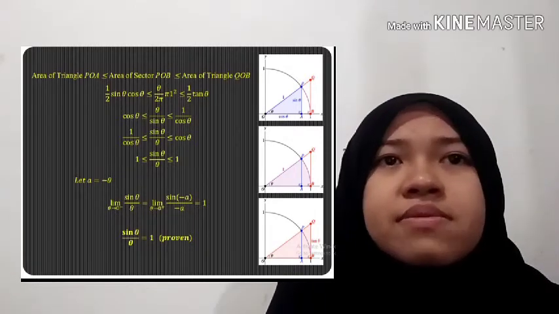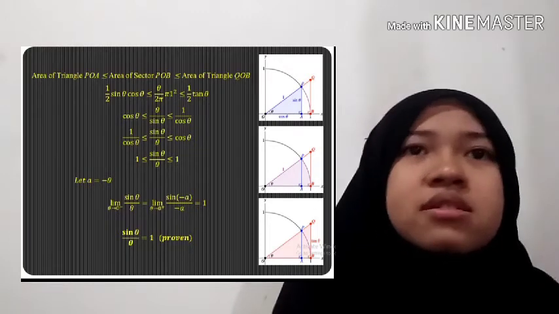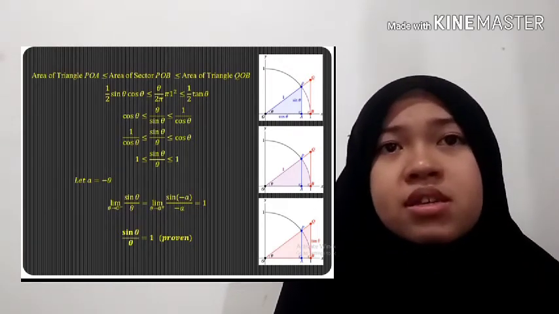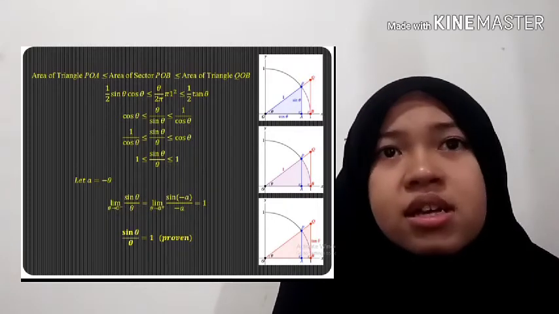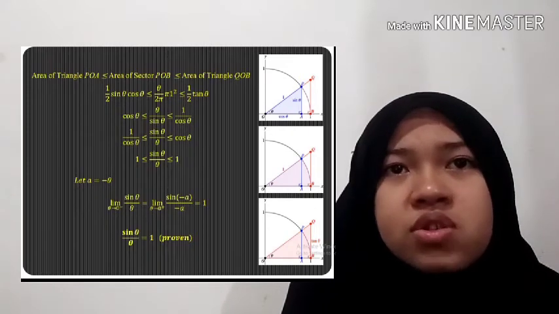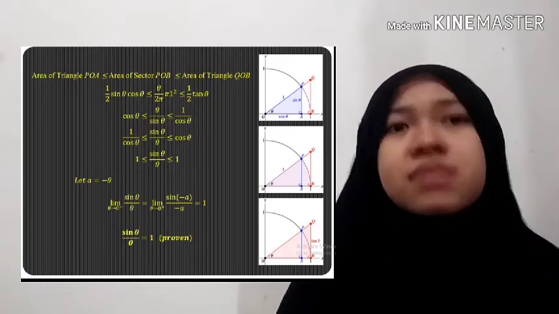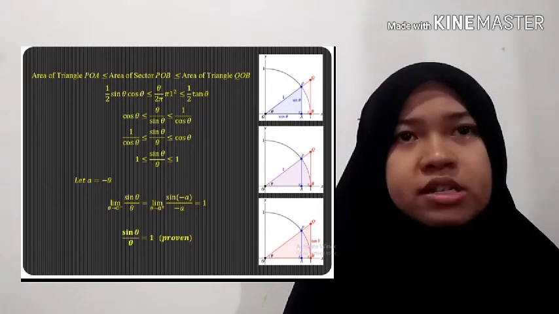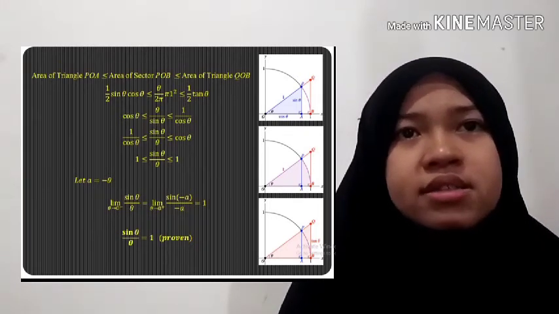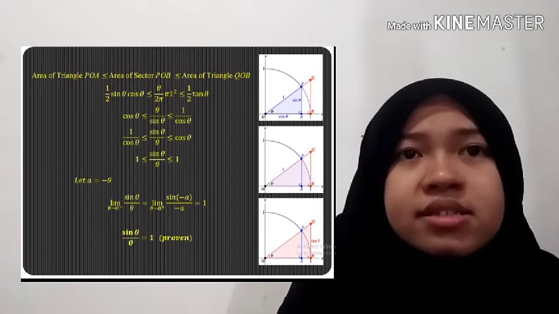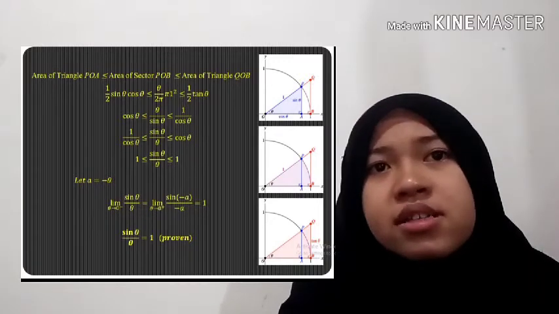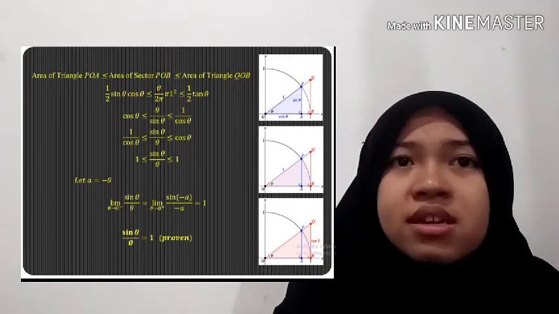So a half sine theta cosine theta is less than or equal to theta over 2 pi times pi times 1 squared, which is less than or equal to a half times tangent theta. If we multiply each part by 2 over sine theta, we get cosine theta is less than or equal to theta over sine theta, which is less than or equal to 1 over cosine theta.